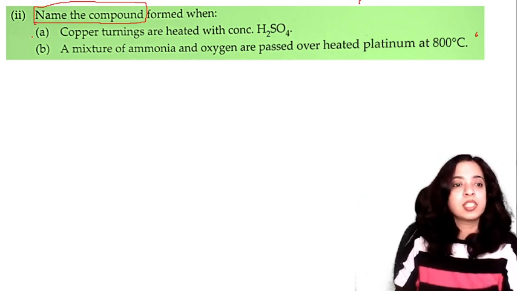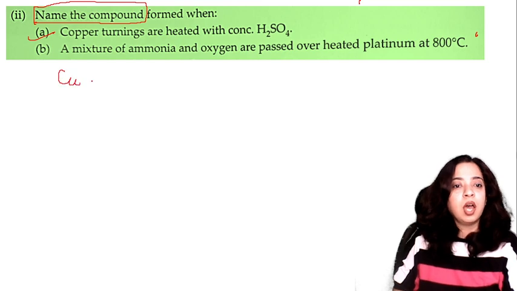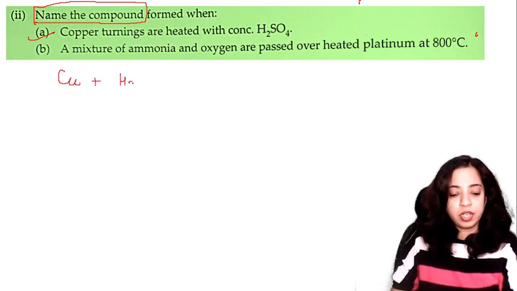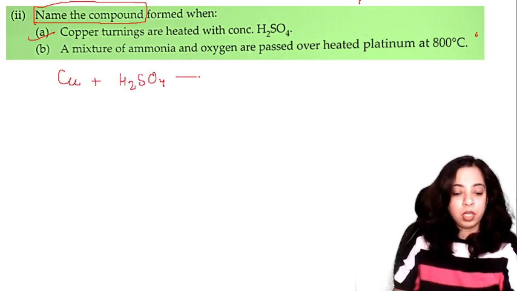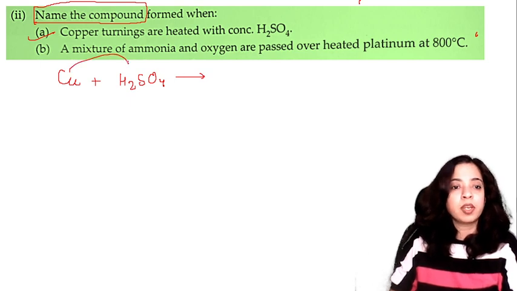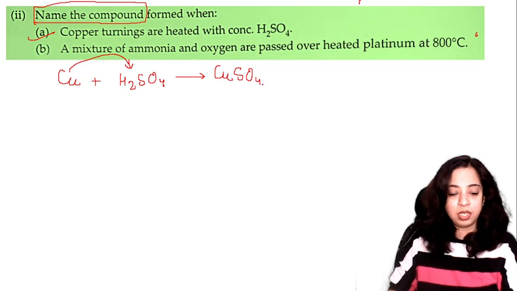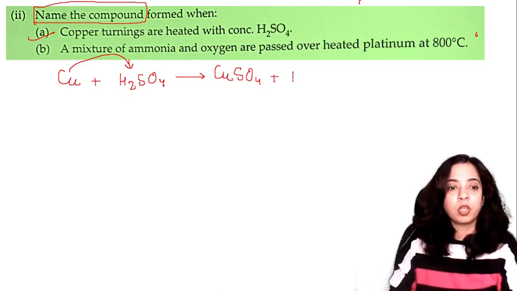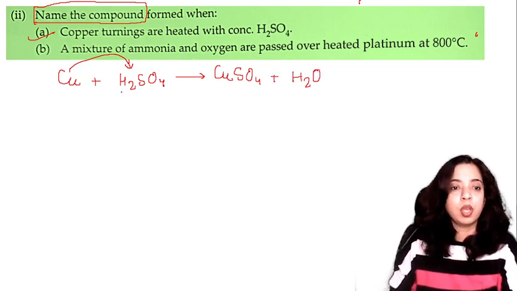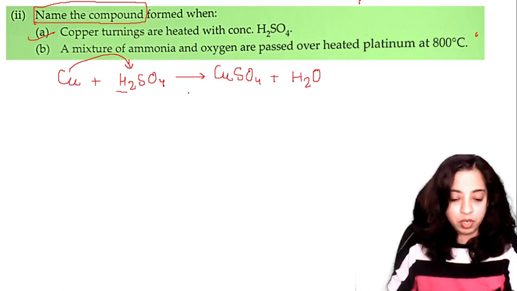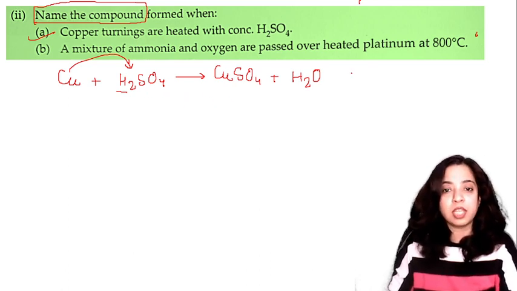So first, when copper turnings are heated with concentrated H2SO4, copper will replace hydrogen, you will form copper sulfate, correct? Plus water will be formed because this H2 and one O will be removed, water and SO2.